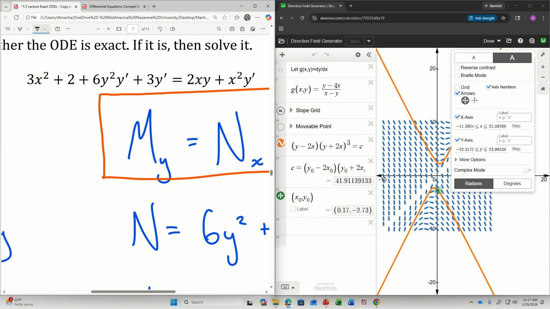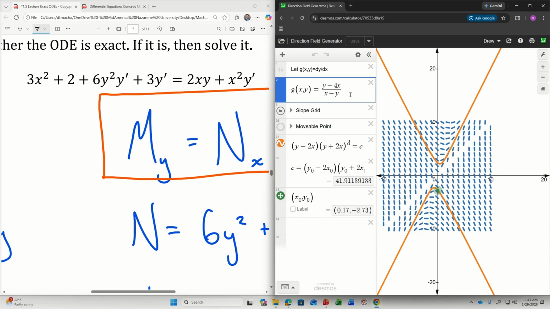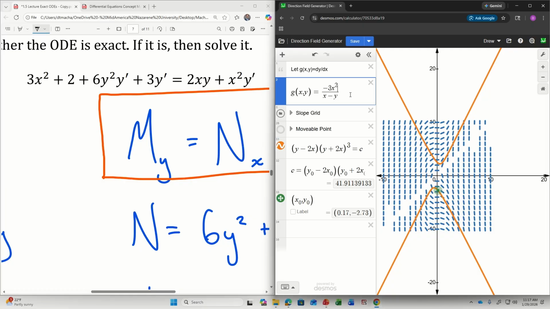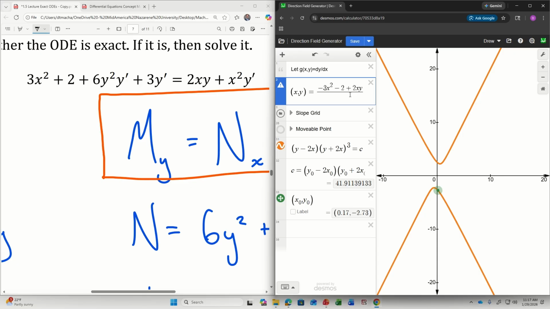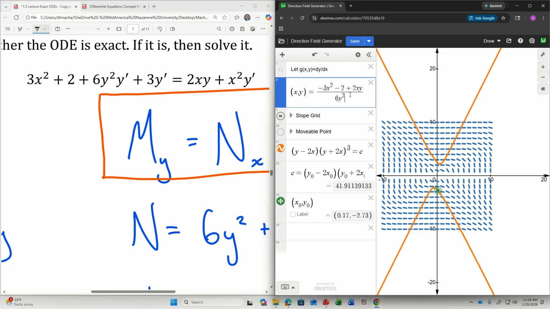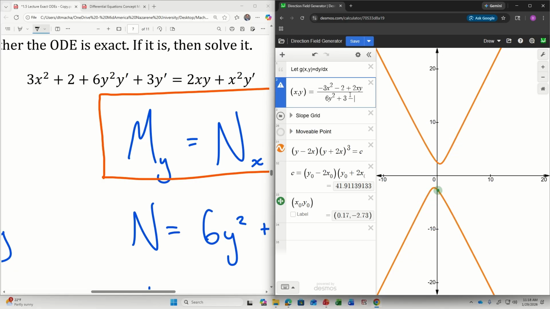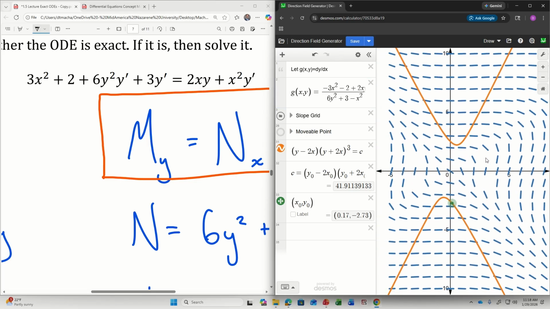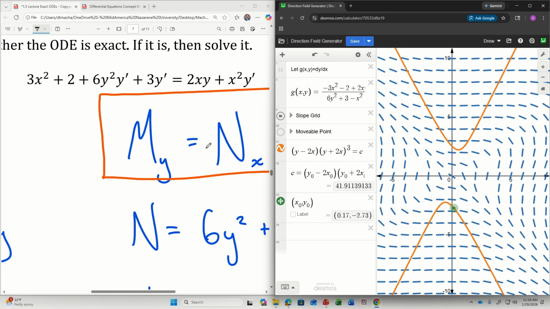So that's not too crazy. It's going to be negative 3x squared minus 2 plus 2xy divided by 6y squared plus 3 minus x squared. So I get this nice direction field representing my ODE.